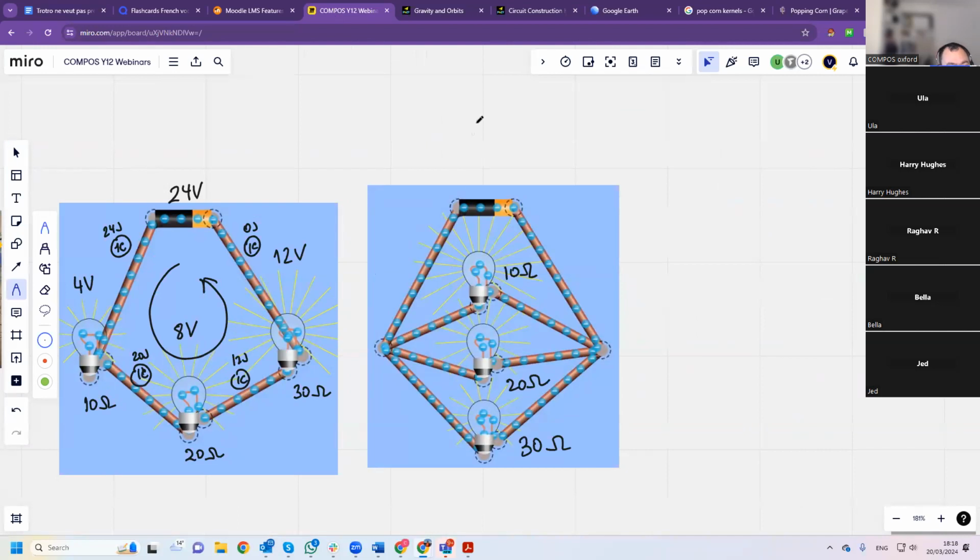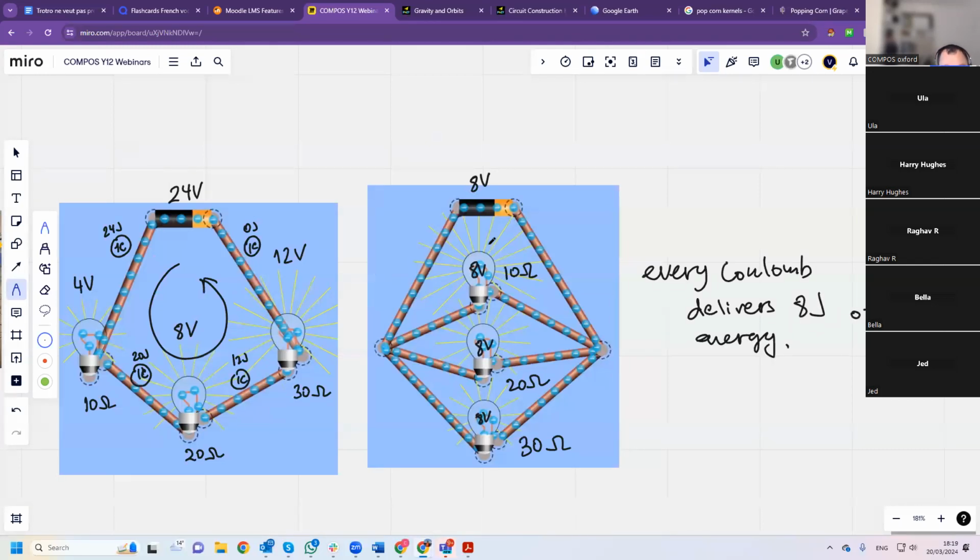Interesting. Well, because this is 8 volts, this is 8 volts, and this is 8 volts, and this is 8 volts, every coulomb still delivers 8 joules of energy.